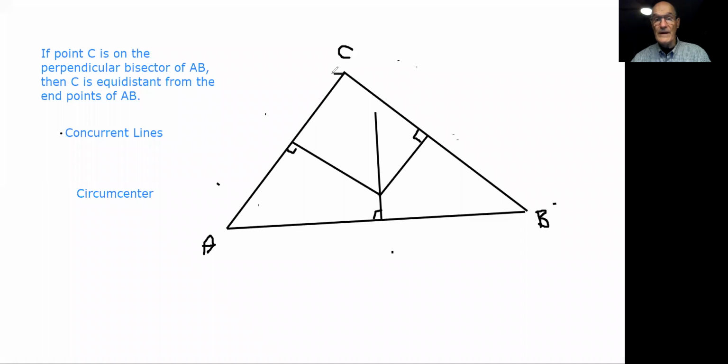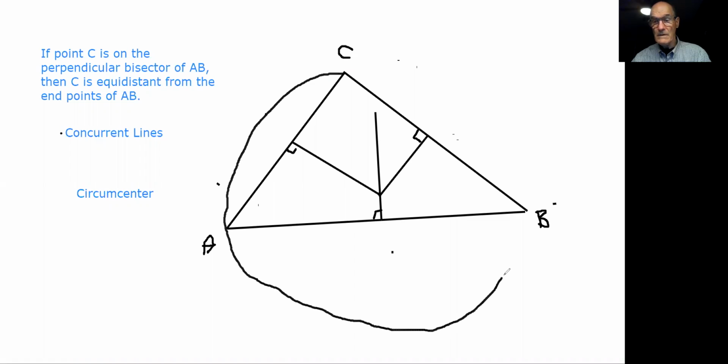that intersects or is circumscribed about the triangle, so it looks like this. It hits through each one of the vertices of the triangle.